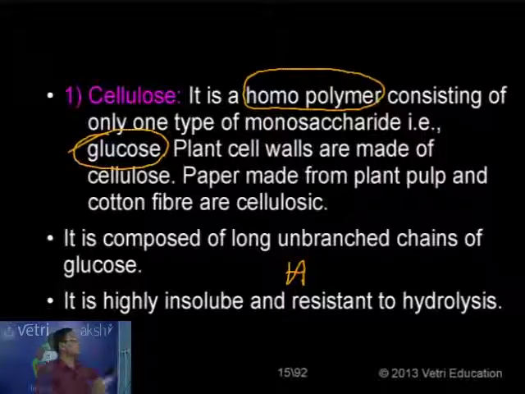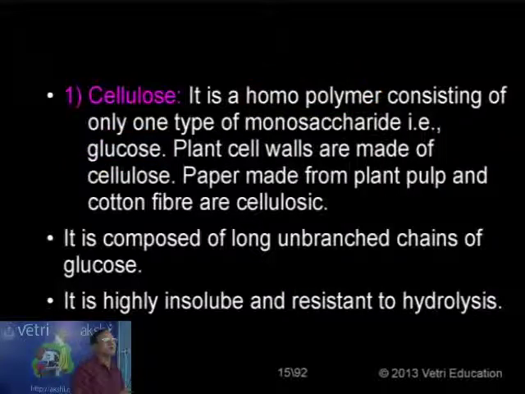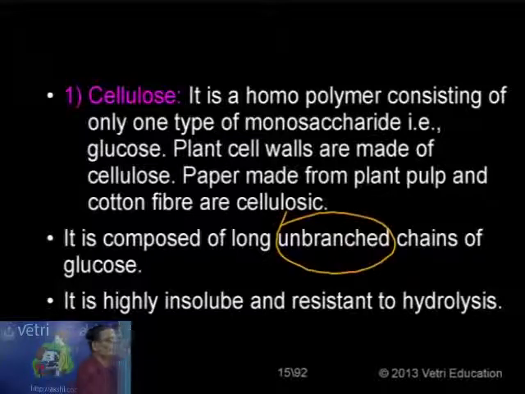And I mentioned it is a long chain. The chain is unbranched, made up of a number of glucose molecules. It's composed of long unbranched chains, which is very important. So a long chain of glucose joined together forms the polysaccharide cellulose and never branches.